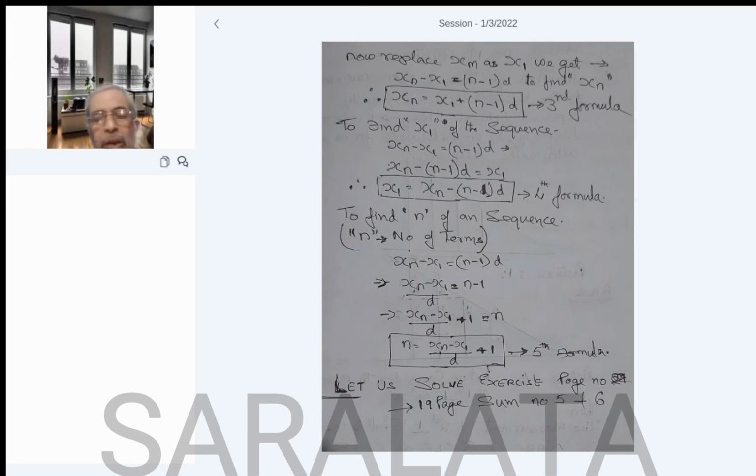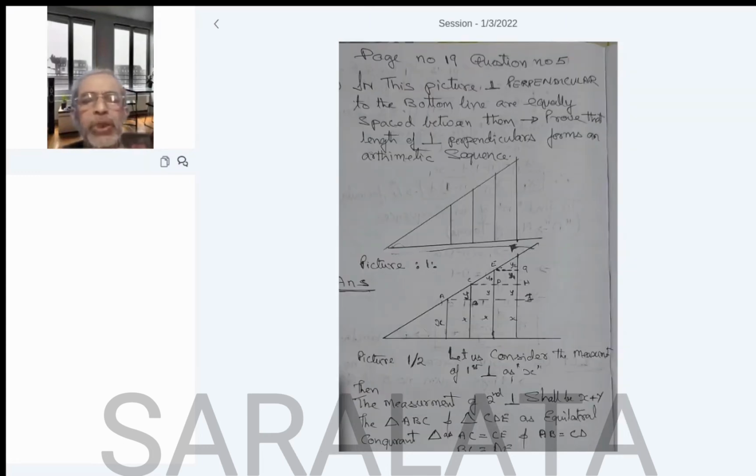In this picture, the perpendiculars to the bottom line are equally spaced between them. Prove that the length of each perpendicular forms an arithmetic sequence.